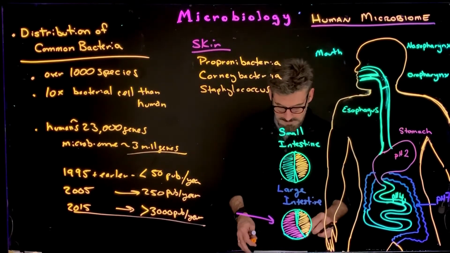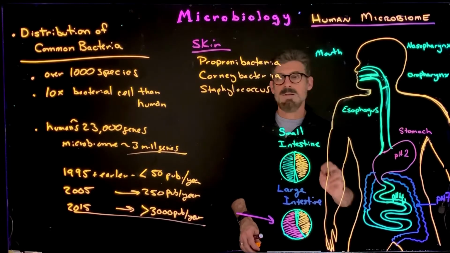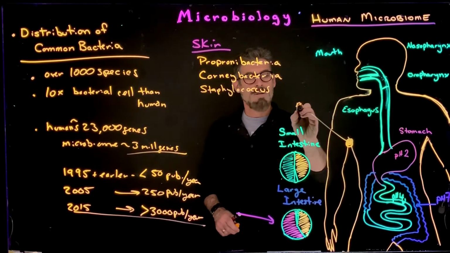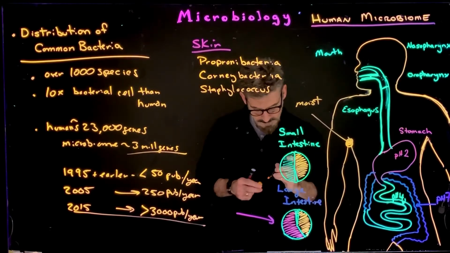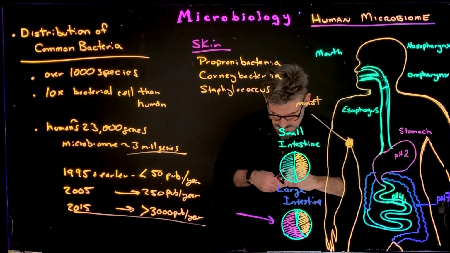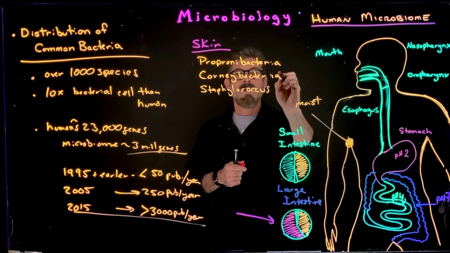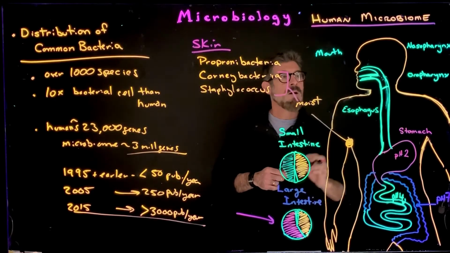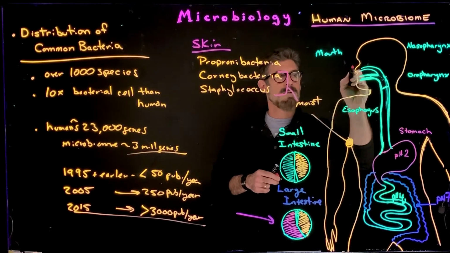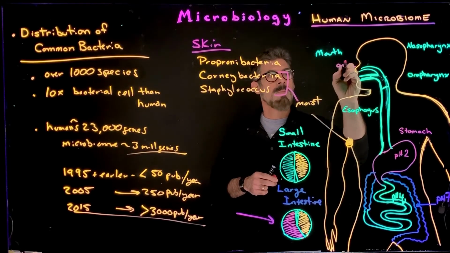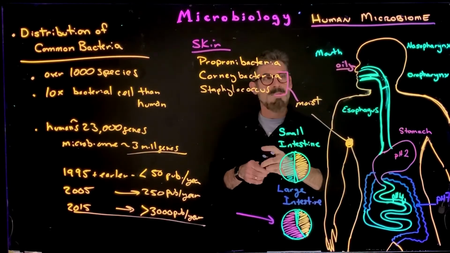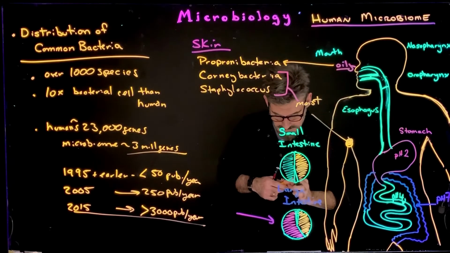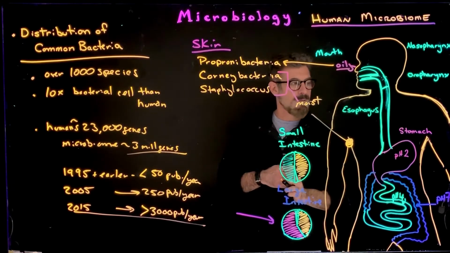If we break them down by different areas, like the armpits, where you have moist skin, in these moist skin areas we're going to find more of the Corynebacteria and Staphylococcus. On areas like your nose, where it's oily, we're going to find far more of the Propionibacteria.